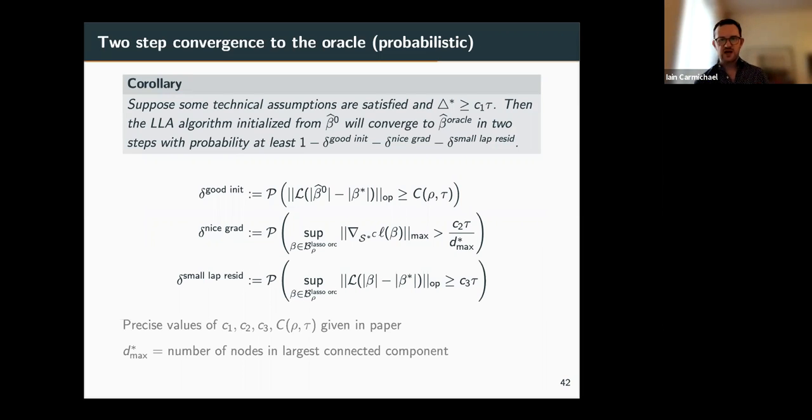In other words, we need the probability that we have a good initializer to be large. We need the probability that some regularity condition related to the gradient holds, and then we need some other regularity condition related to a certain Laplacian residual to hold.